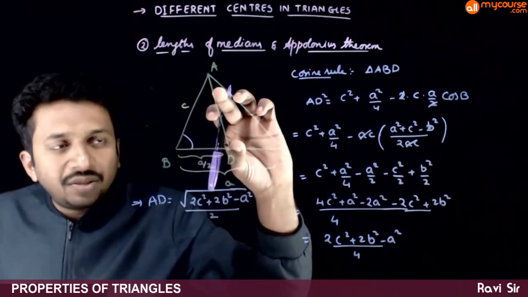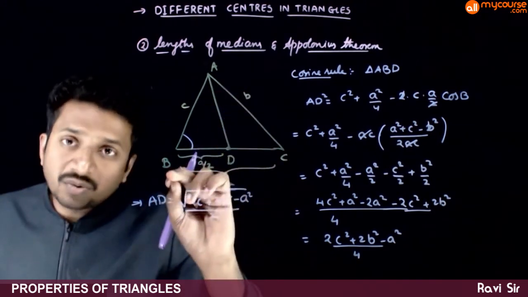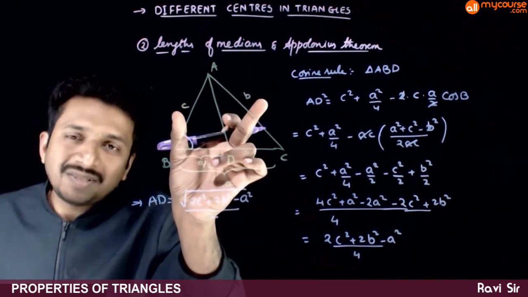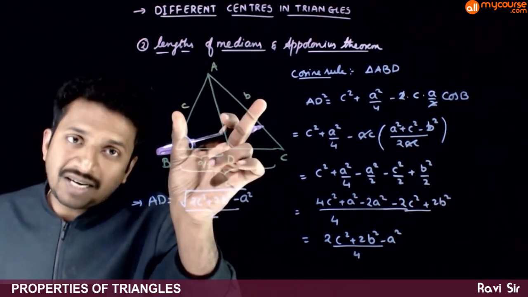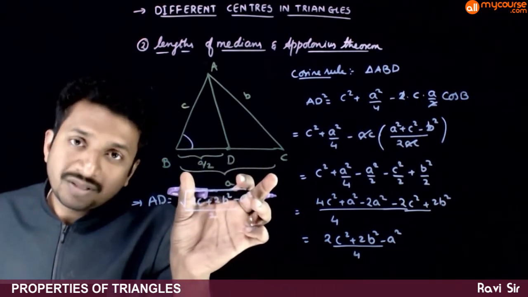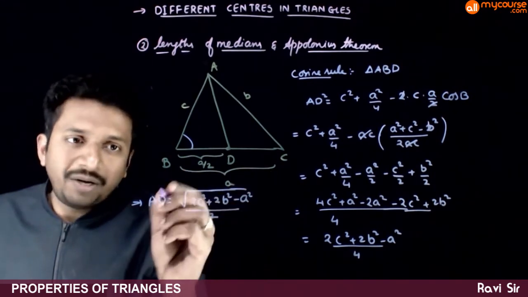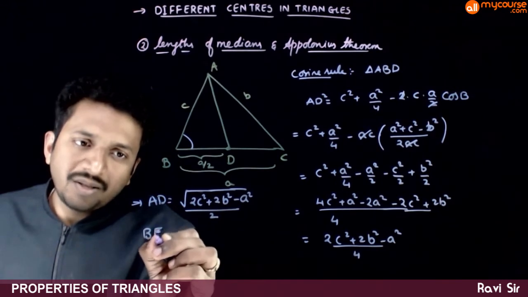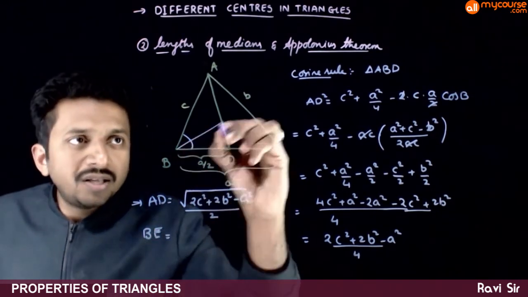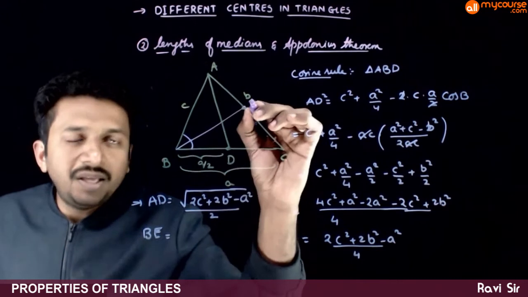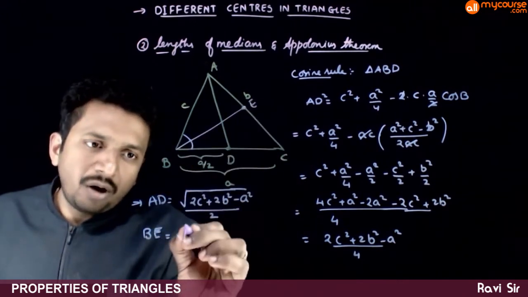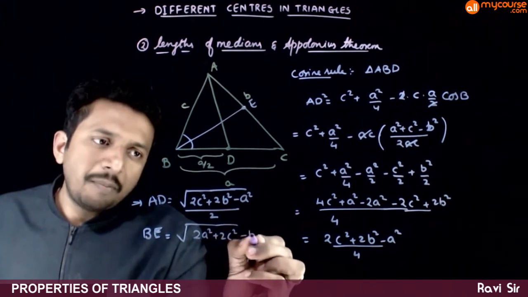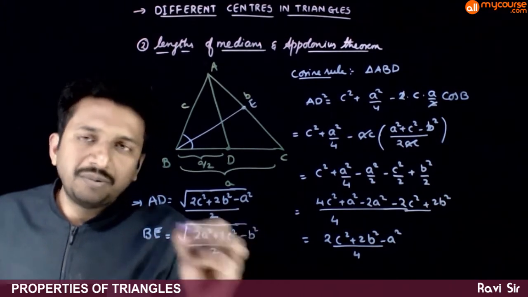So if you want the length of AD, it's nothing but square root of 2b square plus 2c square, 2 times the squares of the adjacent sides, minus the square of the length of the opposite side, by 2. Similarly, if you want the median through B, the length of this median BE will be root of 2a square plus 2c square minus b square by 2.